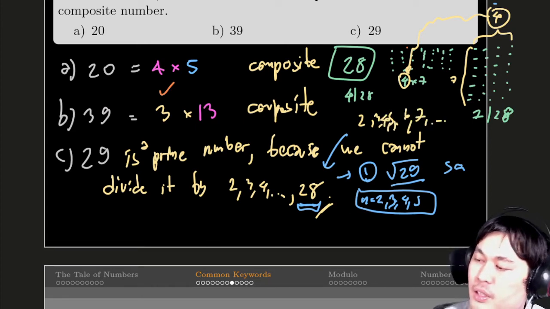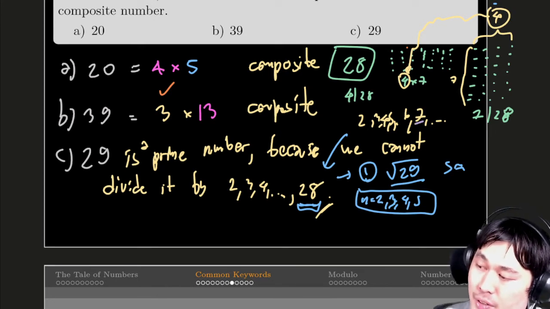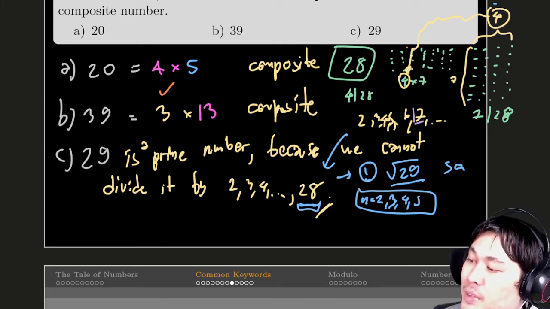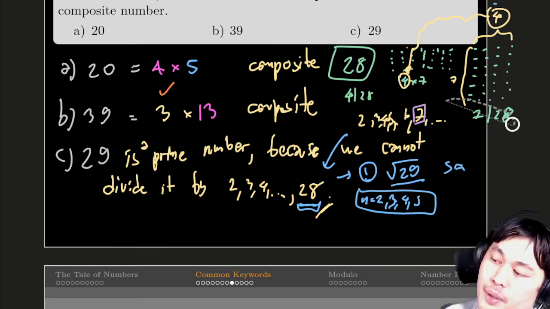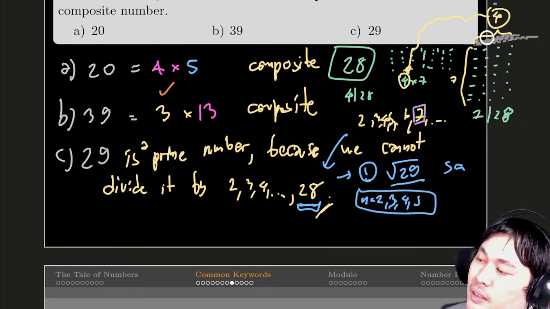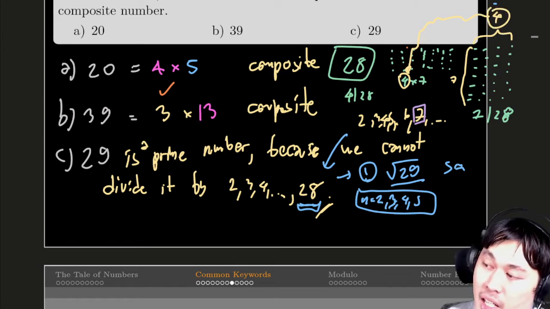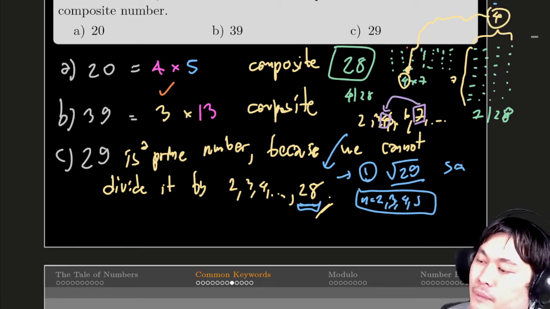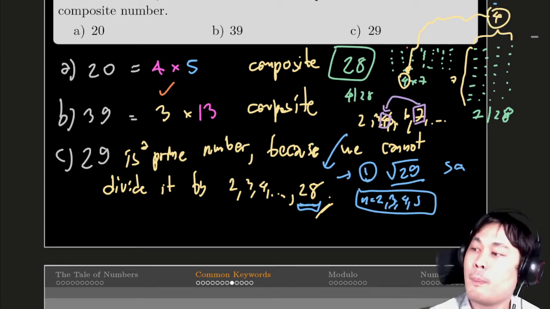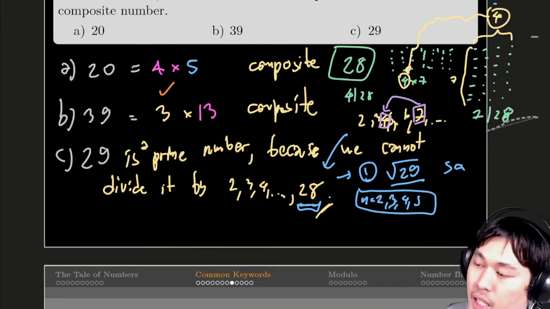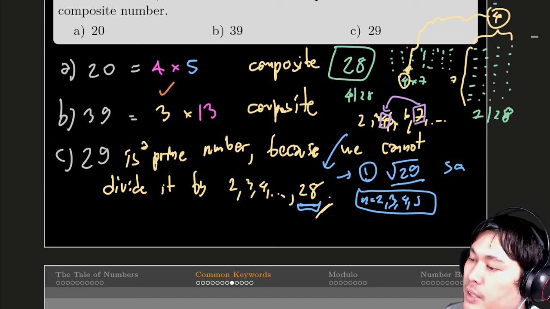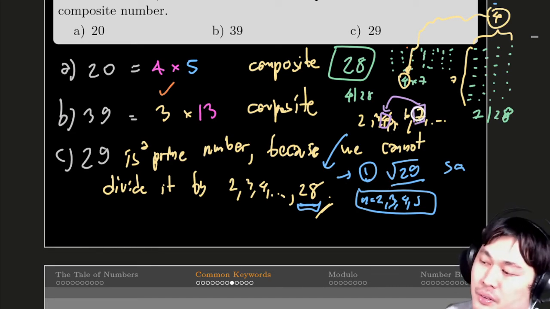The 7 is large enough that if it happens to divide 28, then there's a smaller number somewhere that divides 28 too. The product of the two numbers is 28. So you don't have to check up to 7, that's already too large.